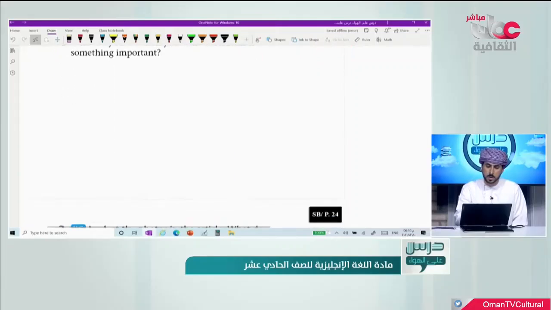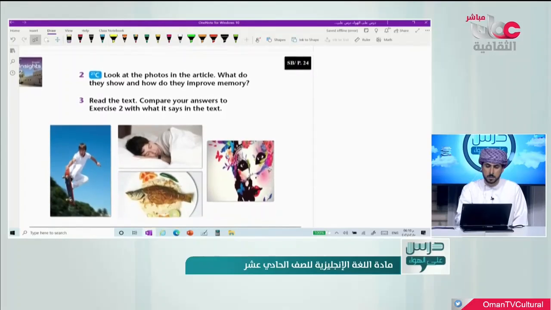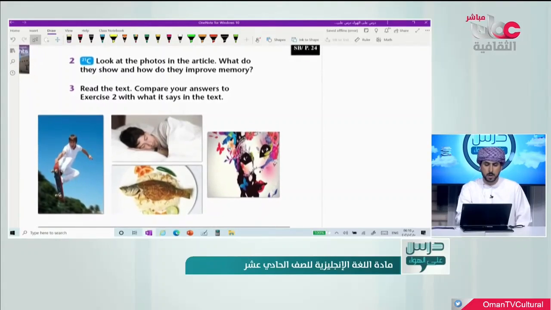So just follow me here. And on the same page, question 2, look at the photos in the article. What do they show, and how do they improve memory? Then 3, read the text, compare your answers to exercise 2 with what it says in the text.